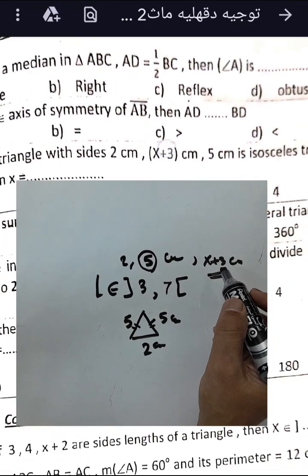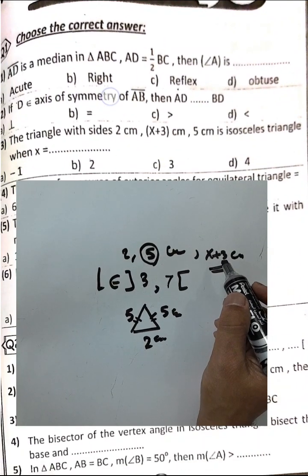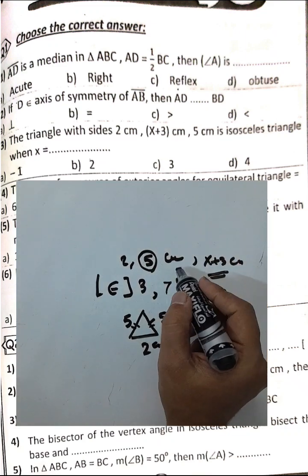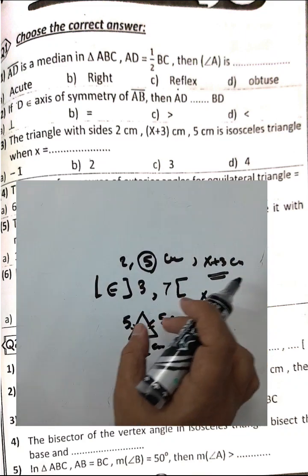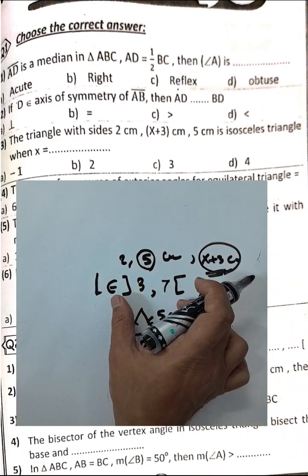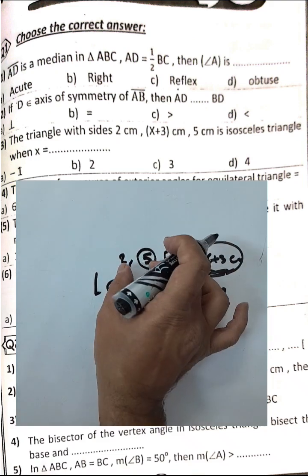Then the value of x will be equal to 2, because 2 plus 3 equals 5. The sides are 5 and 5 and 2. Why? Because this side, x plus 3, must lie in the open interval from 3 to 7. 3 is the difference between 5 and 2, and 7 is the sum of 5 and 2. Understood?